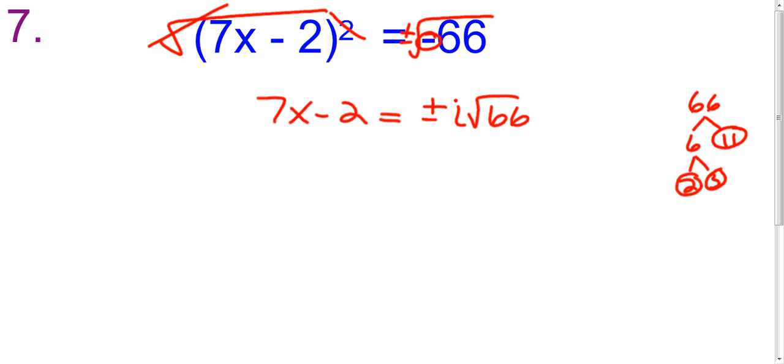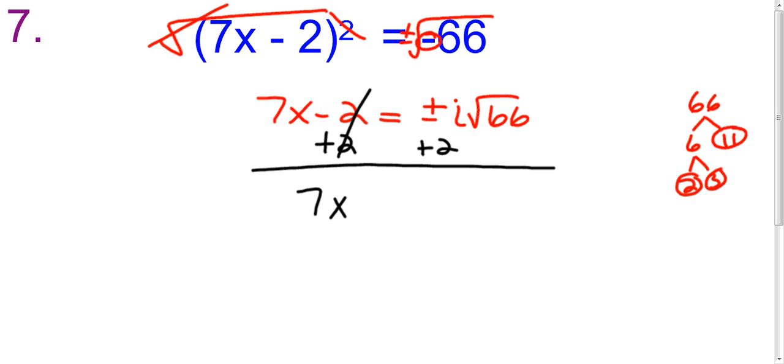All right. So that means that I'm going to add 2 to both sides. Okay. And I can't combine a whole number of 2 with a radical or an imaginary number. So I will just rewrite that as positive 2 plus or minus i root 66.